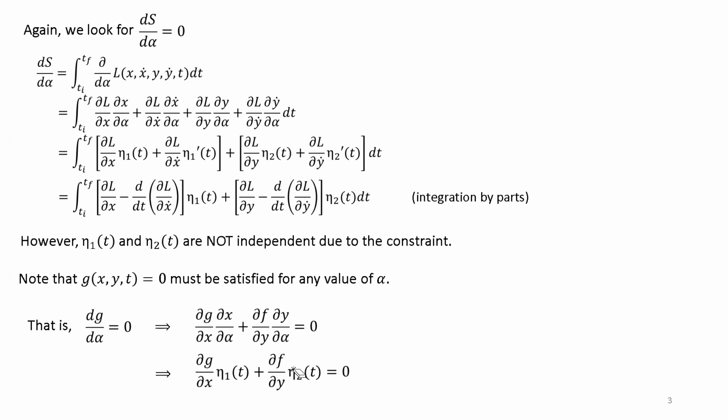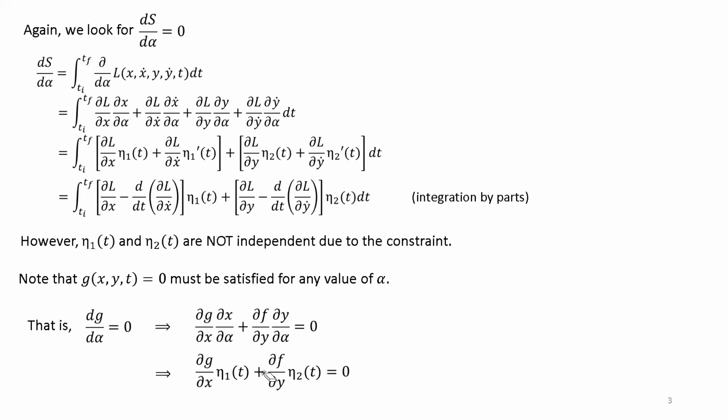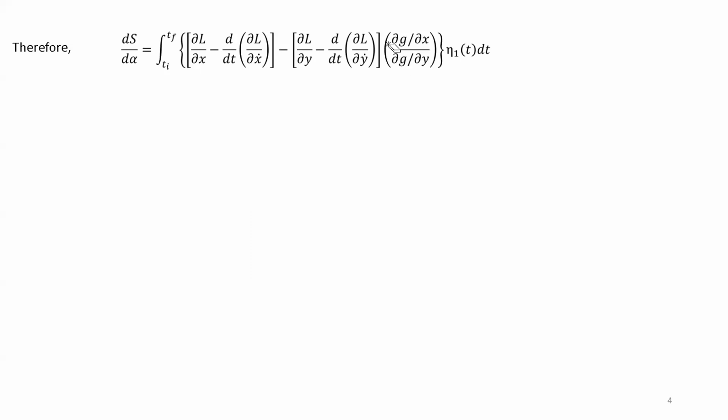And then what I'm going to do next is to substitute this relation back into the integral. So here, I express eta 2 in terms of eta 1, and then I put it over here.